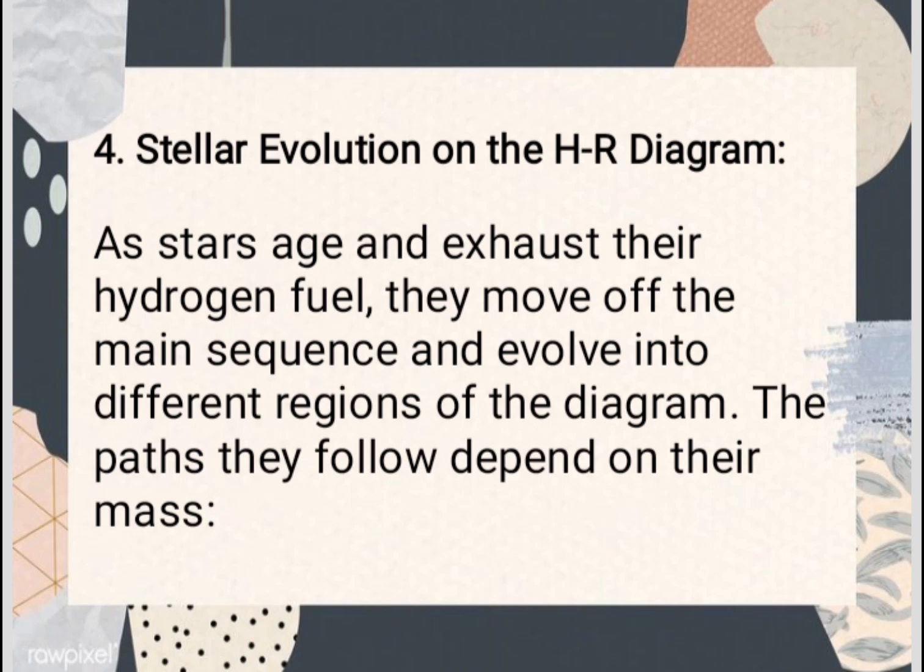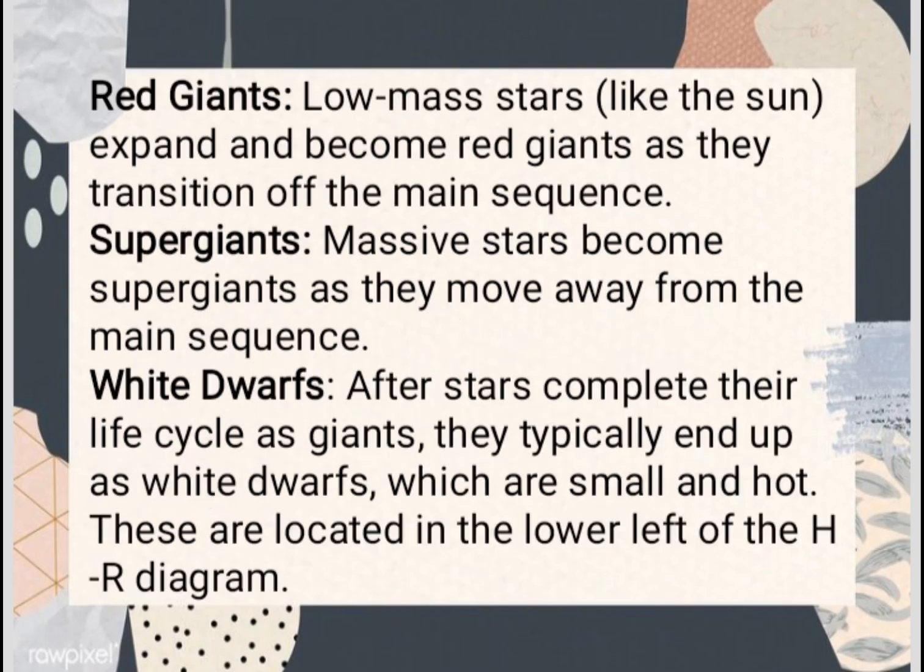The path they follow depends on their mass. So in stellar evolution, as stars age and their hydrogen fuel runs out, they leave the main sequence, because the main sequence is where the balanced stars are. The pattern they follow depends on their mass.